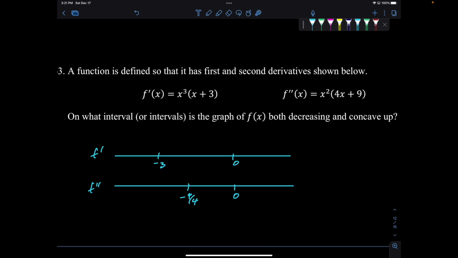So on this interval, -1 billion will give me a negative and a negative, so overall positive. And then since this comes from this, which is to the first degree, there will be a sign change. And then since this comes from this, which is third degree, there will be a sign change. Or you can plug in a billion.